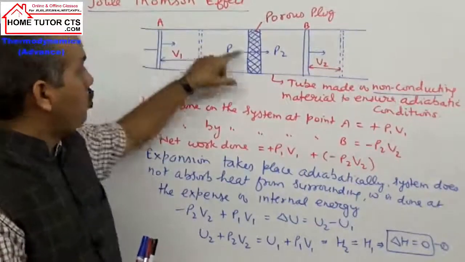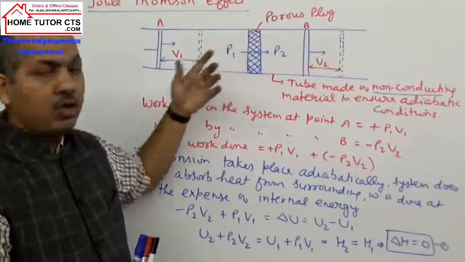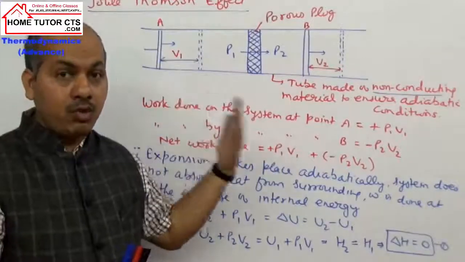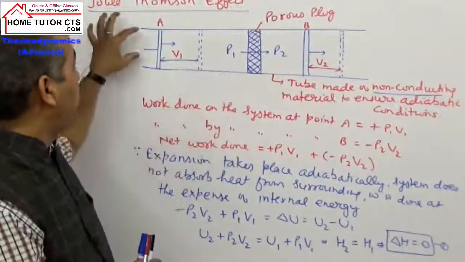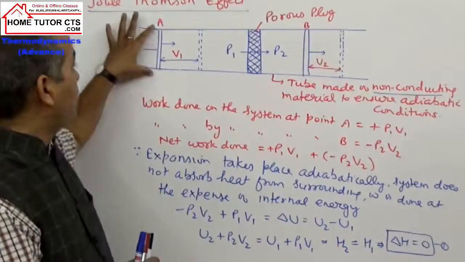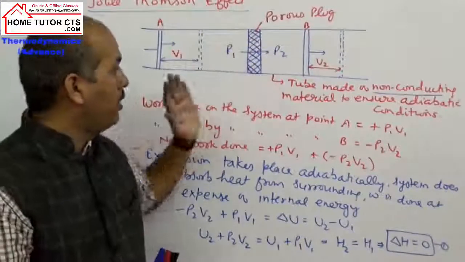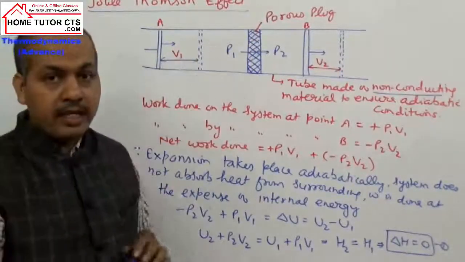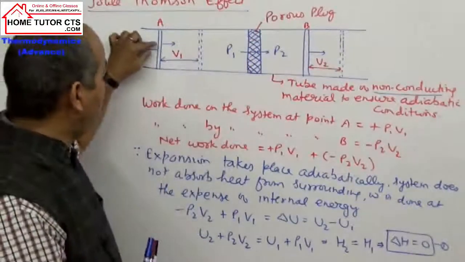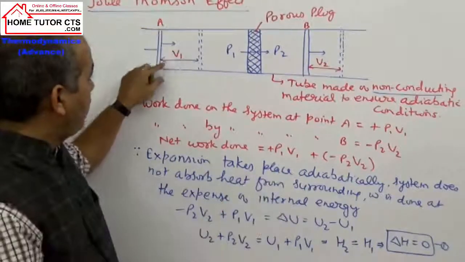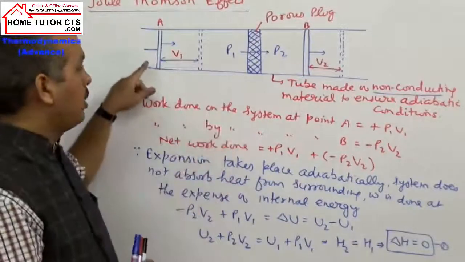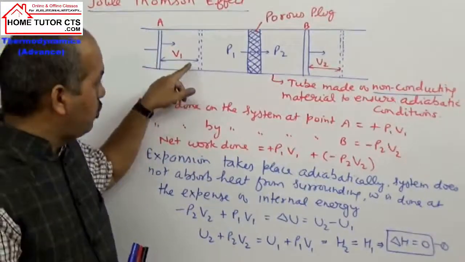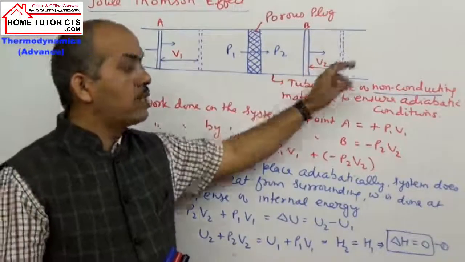And we have this tube. It has a porous plug. Through the porous plug, the gases can diffuse from one to the second side, and then you can see here, it is piston A, it is piston B. Suppose we apply higher pressure, so in this case this piston is moving in this direction, and this can be the volume change. V1 is the volume change from this to this point, and V2 is the expansion.